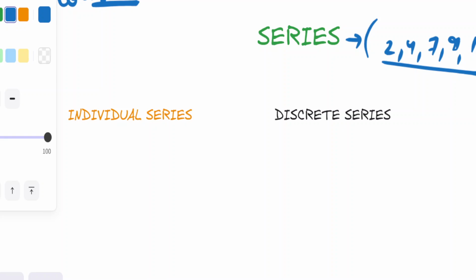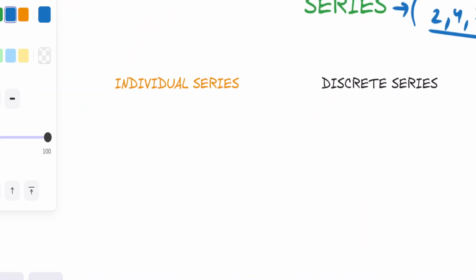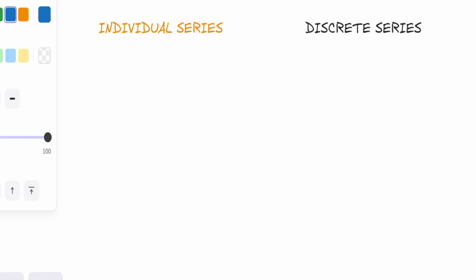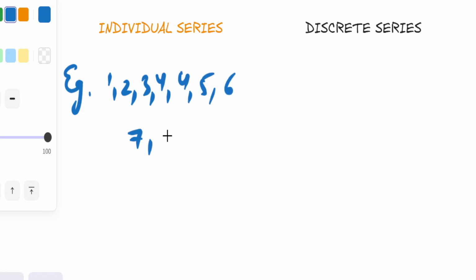Okay, so first is the individual series. Series is basically of three types: individual, discrete and continuous. Individual series is that series in which only numbers are given, for example 1, 2, 3, 4, 4, 5, 6, 7, 8, 9.